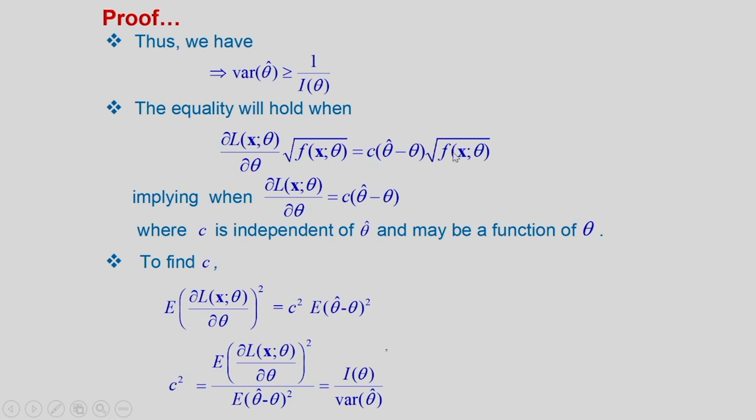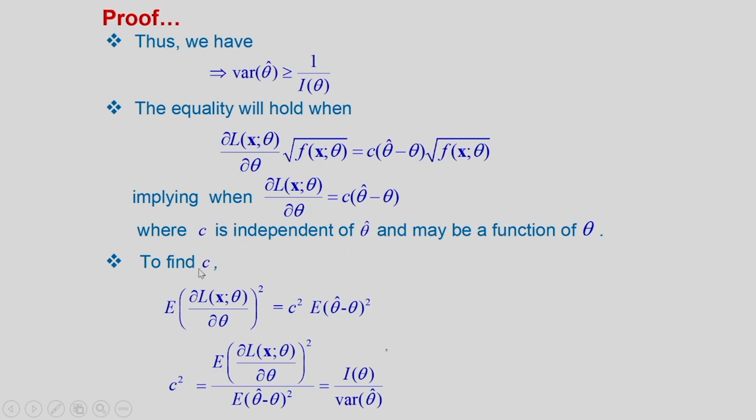Since we want this quantity to be greater than 0 in the region of support, that is the regularity condition, we can cancel these two quantities. So, the equality will hold when del L del theta is equal to c times (theta hat minus theta). This is the condition for equality, where c is independent of theta hat. It is a scalar and may be a function of theta, but c does not involve x or theta hat.